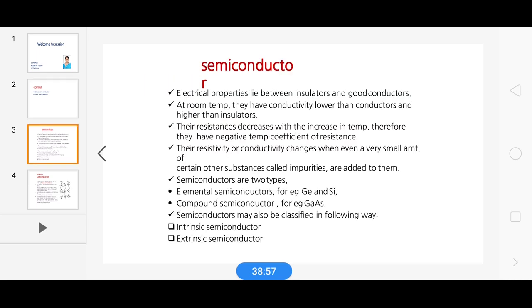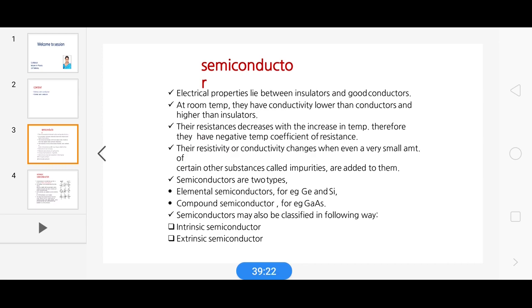So the pure form of the semiconductor is called the intrinsic semiconductor, and we know that the properties of a semiconductor lie between insulators and conductors. The resistance decreases with the increase of temperature, and the conductivity increases with the increase of temperature.